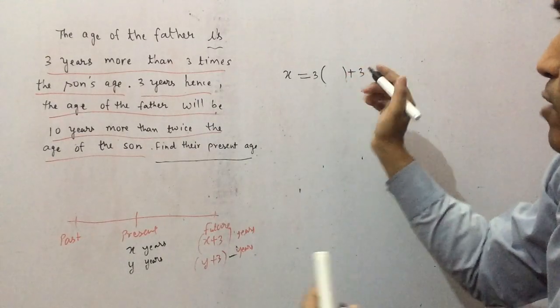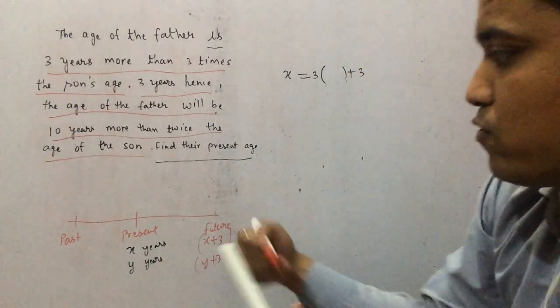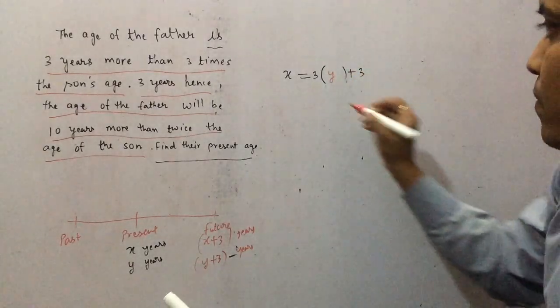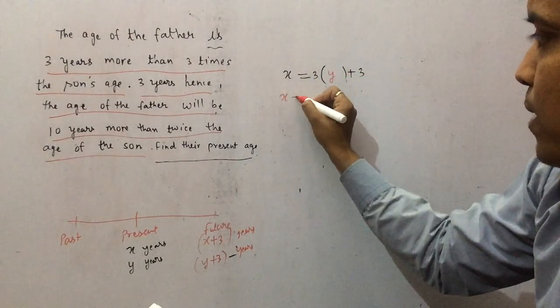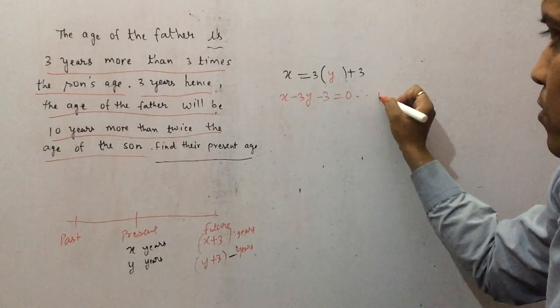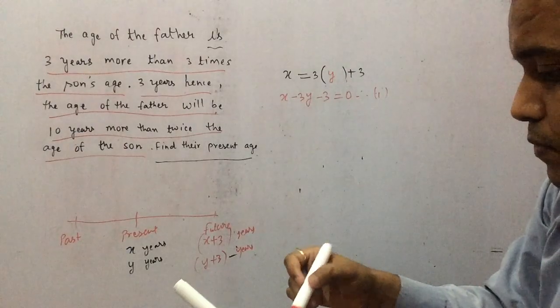Son's age means son's present age, and the present age of the son is y. Now your equation is x minus 3y minus 3 equal to 0. This is the first equation.